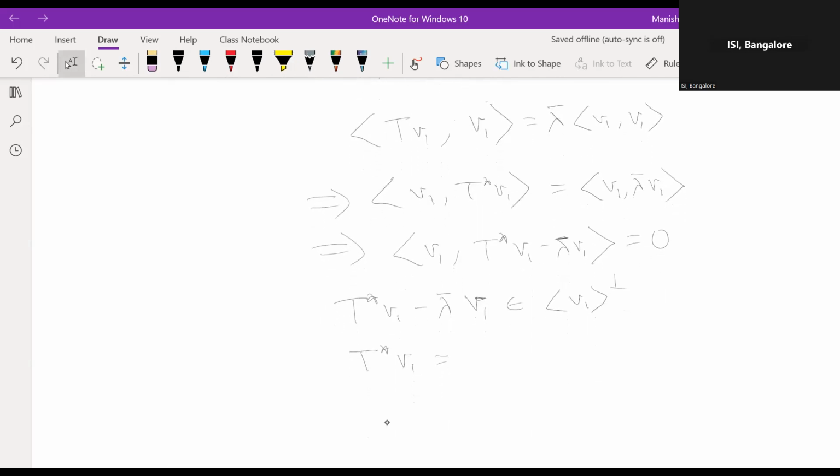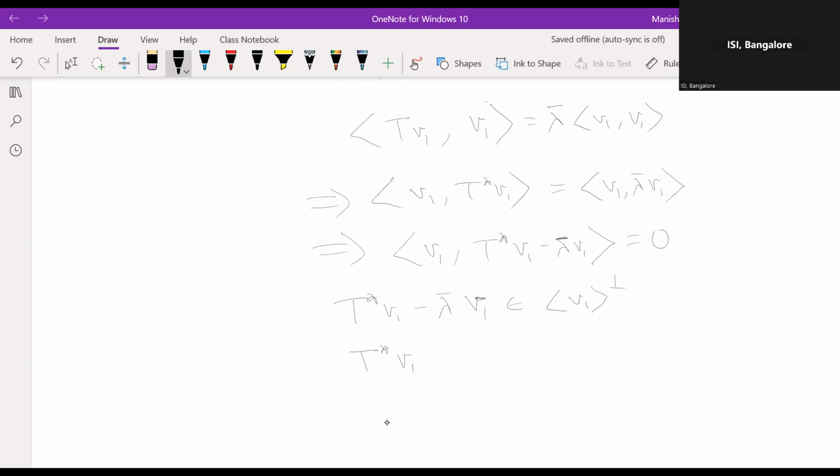So T star V1. Of course this lambda V1 is in V1.